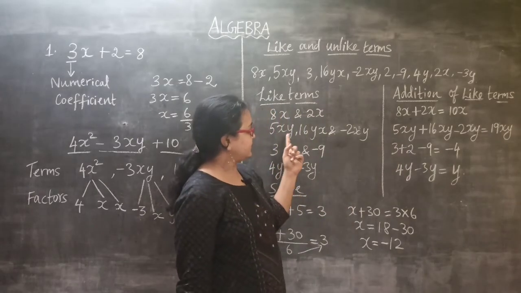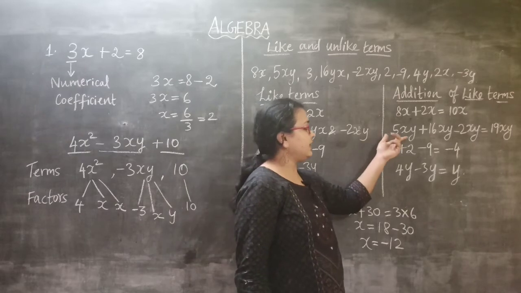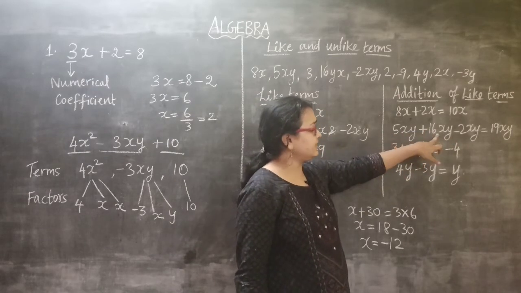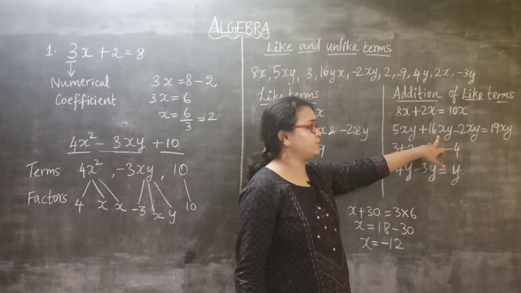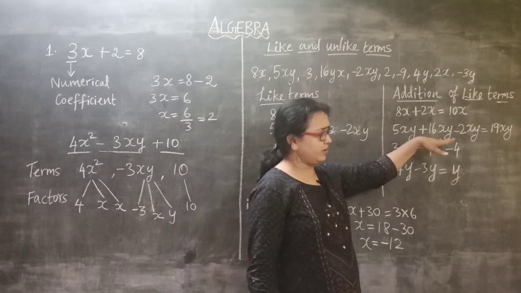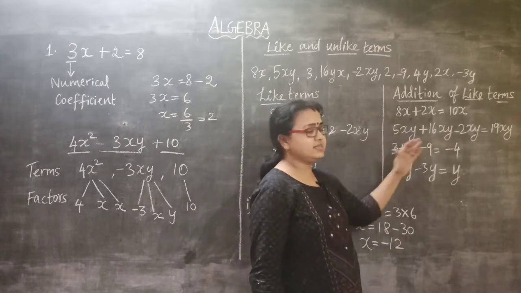Next is 5xy, 16yx and minus 2xy. These are like terms. So what I need to do is just write them together. Here I have written 16xy itself because y into x and x into y both are the same. So to make it easier, I made it xy itself.